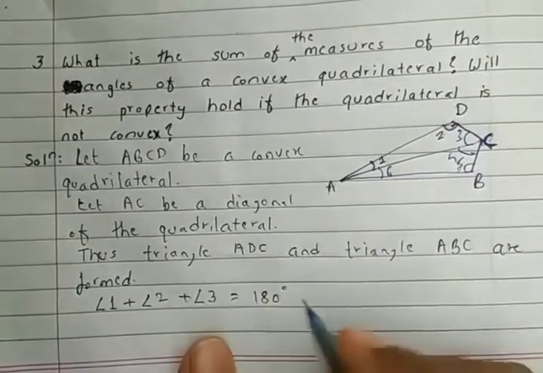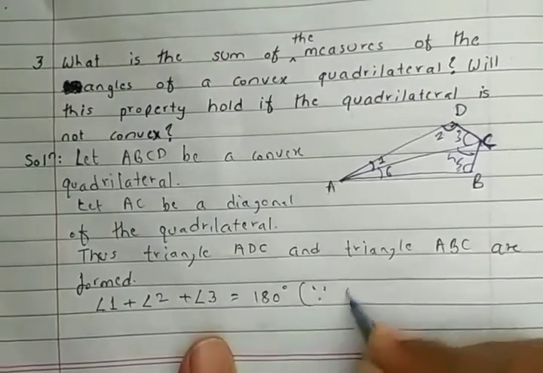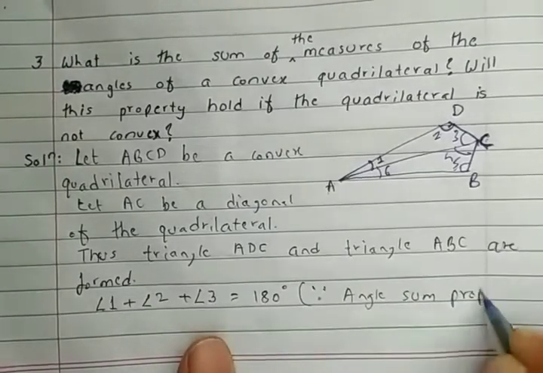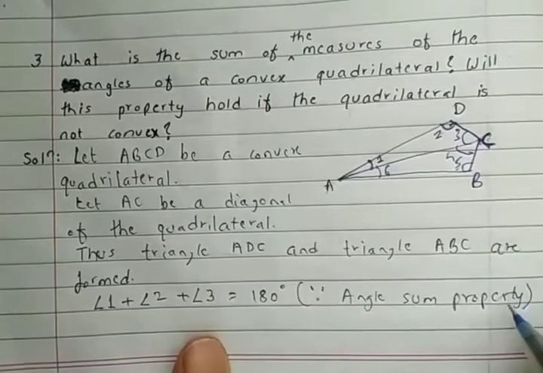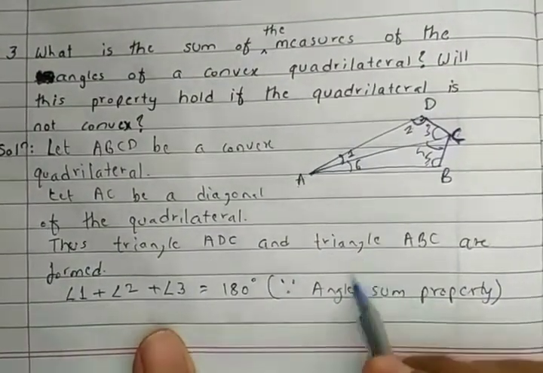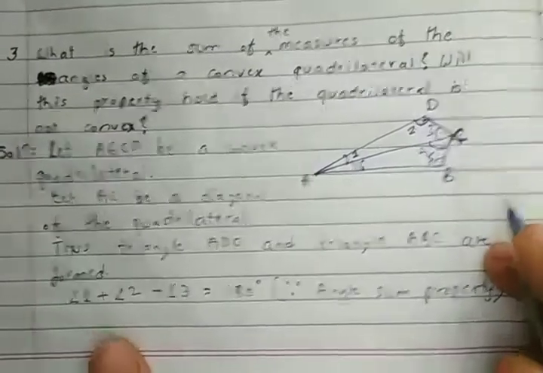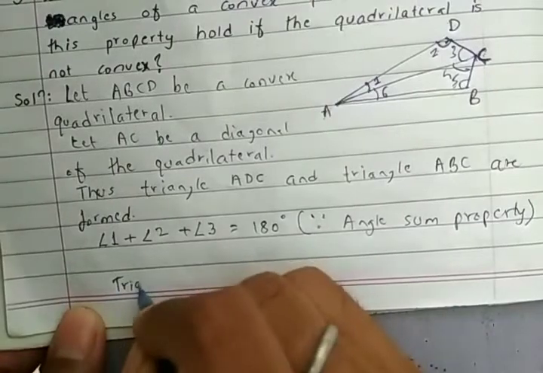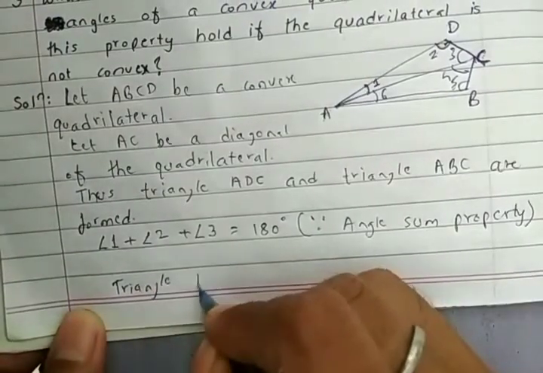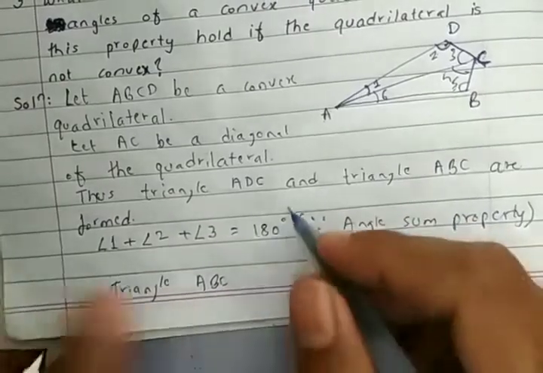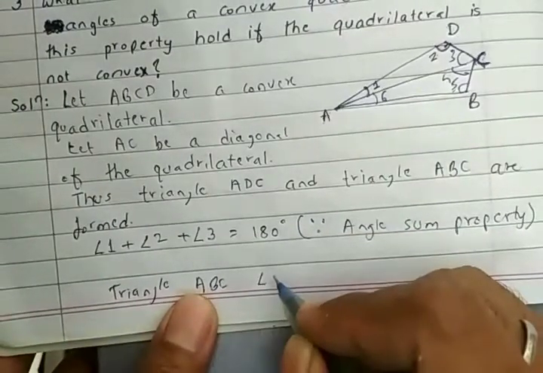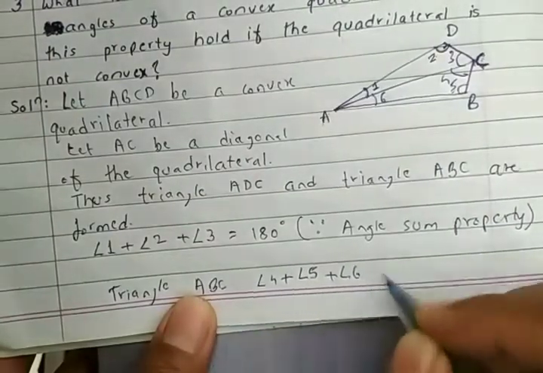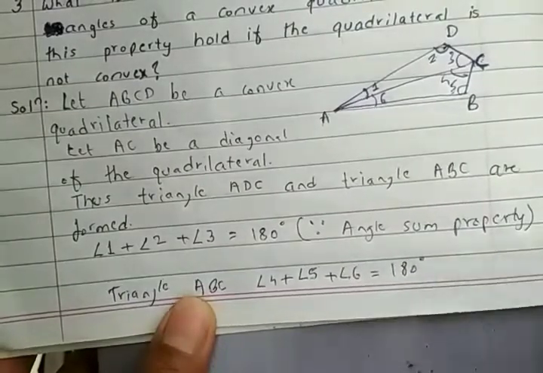How did we say that? We said that because of the angle sum property. Okay, we have said this due to this reason. In a similar fashion, if we consider triangle ABC, angle 4 plus angle 5 plus angle 6 is also equal to 180 degrees.